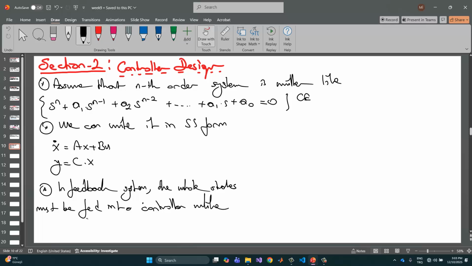Unlike PID. In PID, we just utilize one measurement or state. For example, the measurement can be used in the PID because we have one error, one derivative error and integral error. And so we can design the PID controller using one state. This is the advantage.